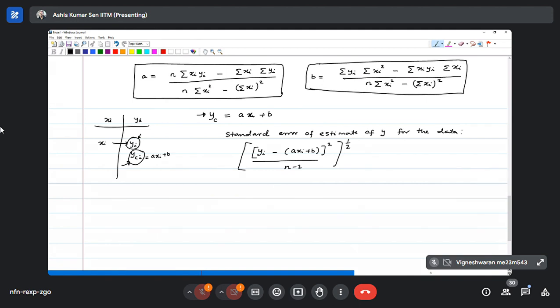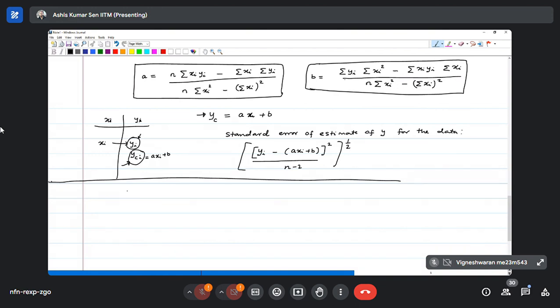Now here we have done only y equal to ax plus b. But there will be situations where y may be a quadratic equation.